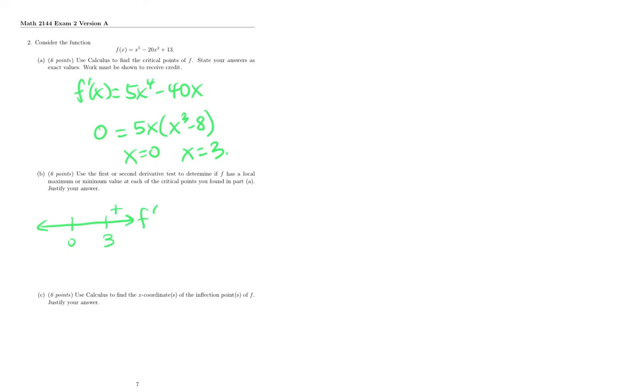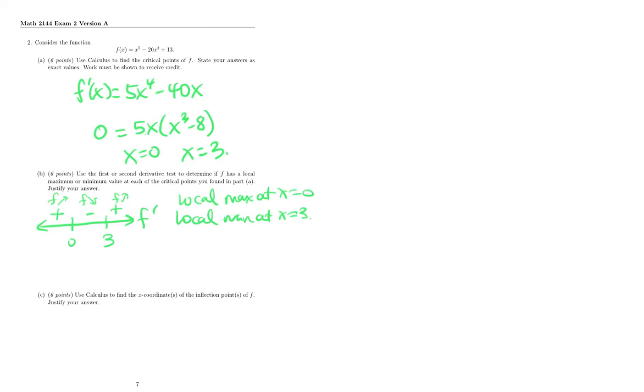If I plug in a number between 0 and 3, I'll get a positive times a negative. If I plug in something smaller than 0, I'll get a negative times a negative, so that'll be positive. So that means that f is increasing, and then f is decreasing, and then f is increasing. So I should have a local max at x equals 0 and a local min at x equals 3.